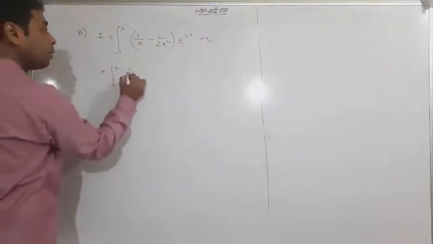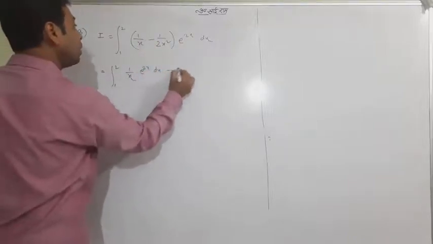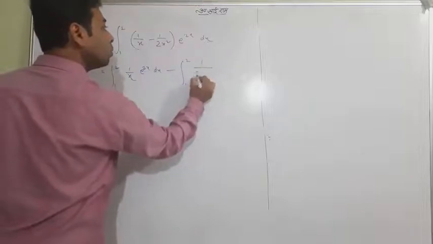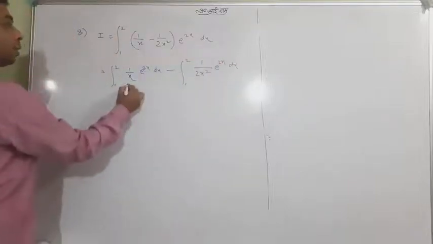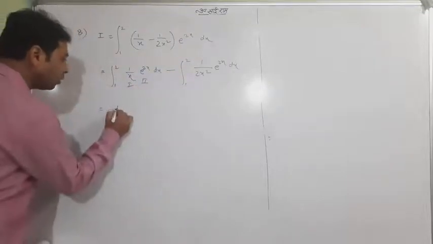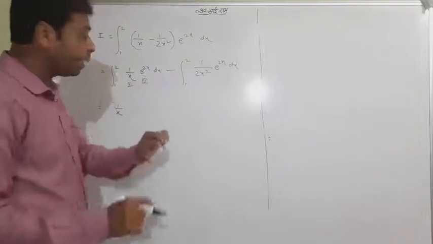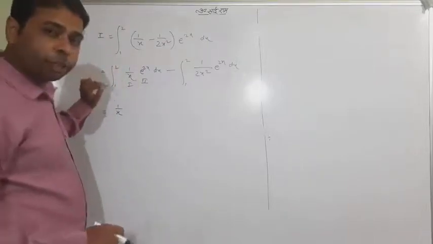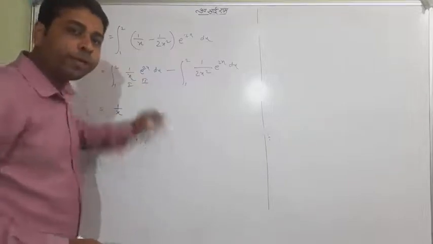First of all, I'll multiply e to the power 2x and separate the terms, 1 by x and 1 by 2x square. Afterward, I'll go with the first and second multiplication law. Let me speak frankly: whenever you are treating the multiplication law with the limit, do it directly.